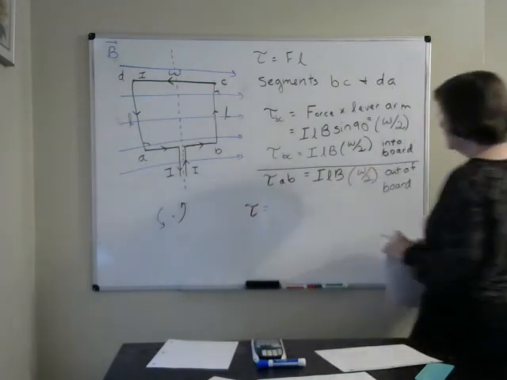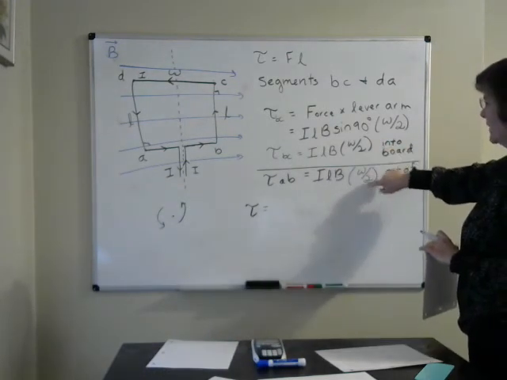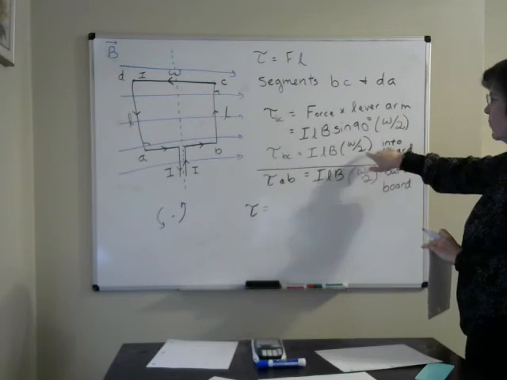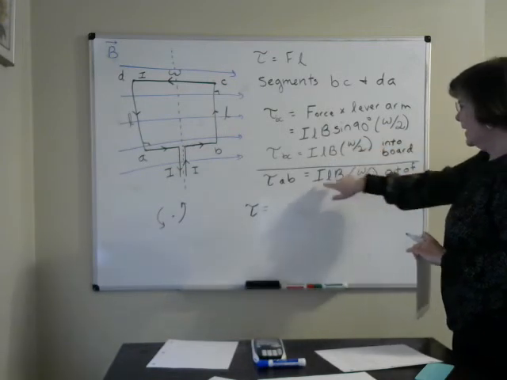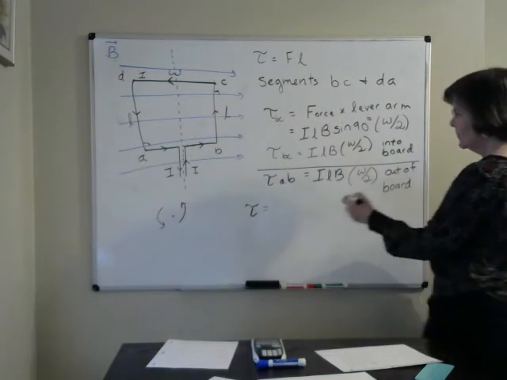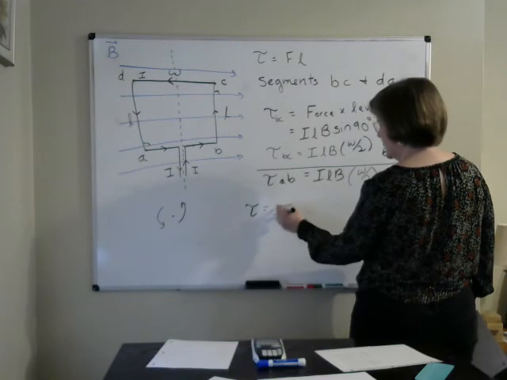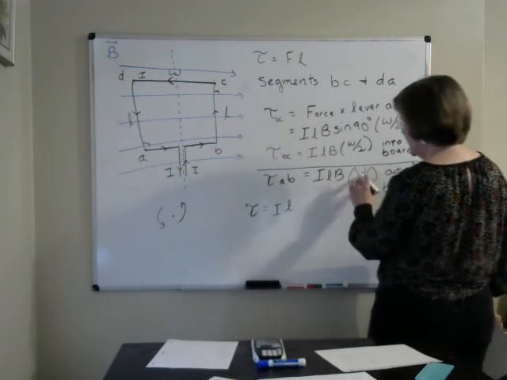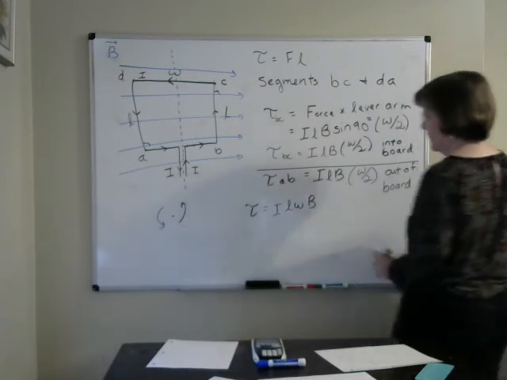Notice they're exactly alike except for this factor of 2 and this factor of 2. So it's like you have 1/2 ILBW, and this is 1/2 ILBW. With a little rearranging, we get the total torque, the sum, is IL, I'm going to move this W inside for a minute, WB.